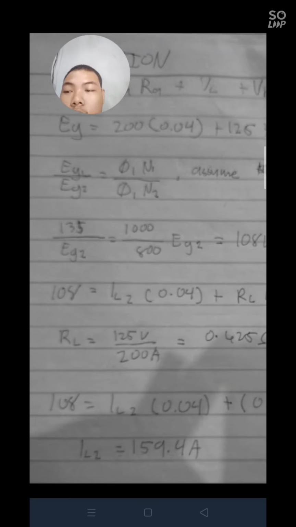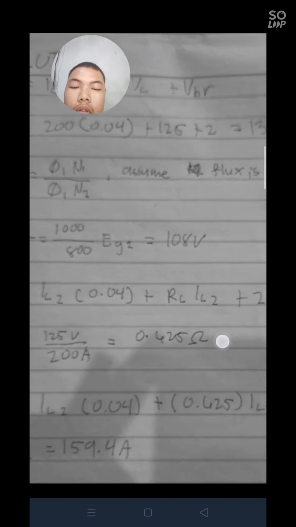So 108 equals IL2 times 0.04 plus RL times IL2 plus 2. So RL equals 125 volts over 200 amps, so equals 0.625 ohms.